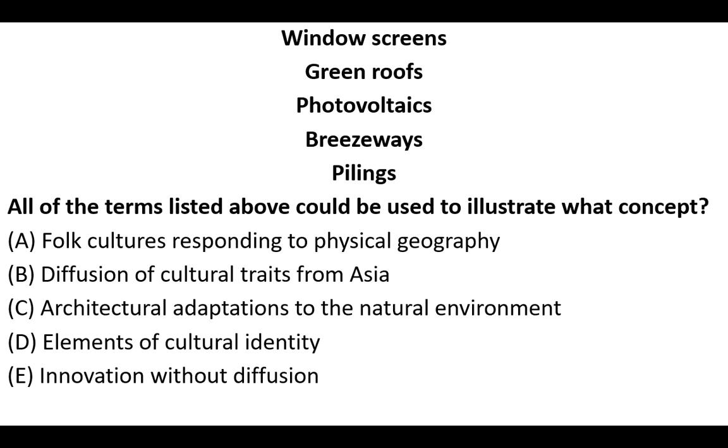Window screens is a way to deal with bugs. All right, go ahead and give it a shot. The answer is C. I don't know what all of these are, but I understand screens and breezeways, so that's architecture. That's what you do when you have a list. You go with the things that you know what they are to come up with a good answer.